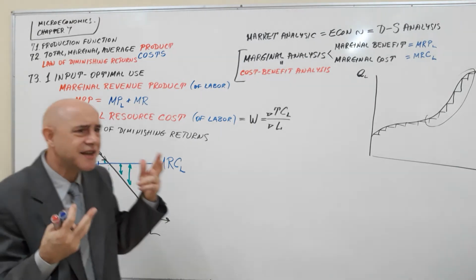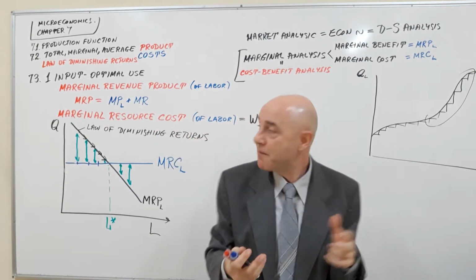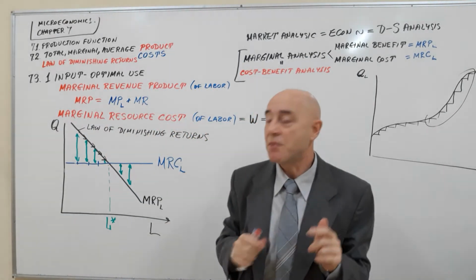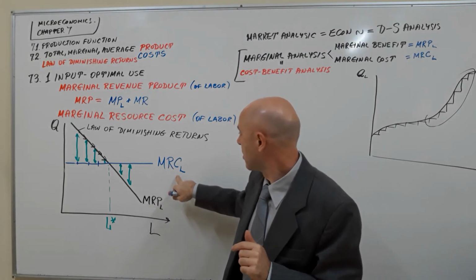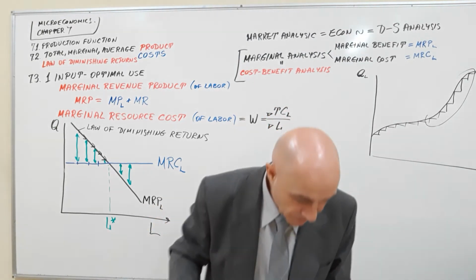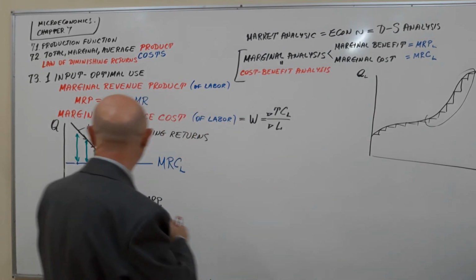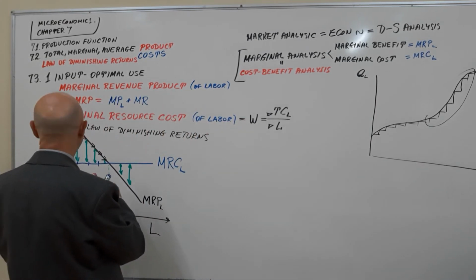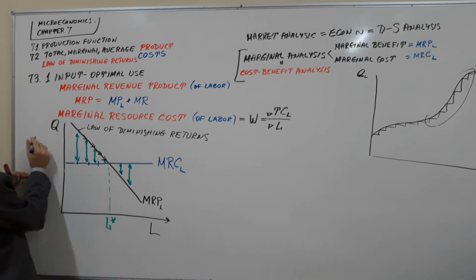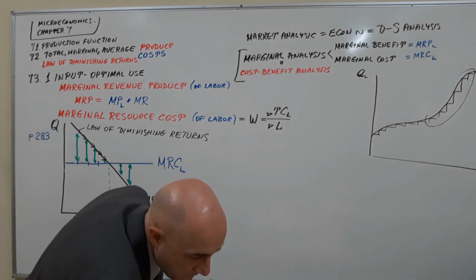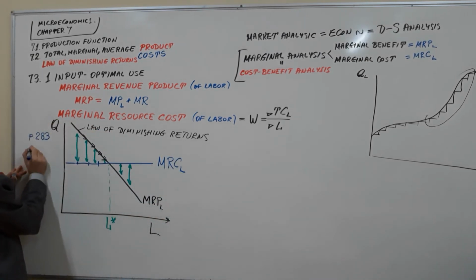So this is just a simple business application. This is the marginal revenue cost of labor. This is page 283, figure 7.5.